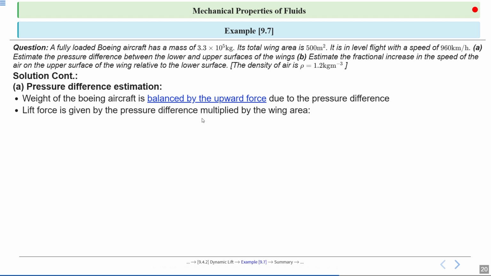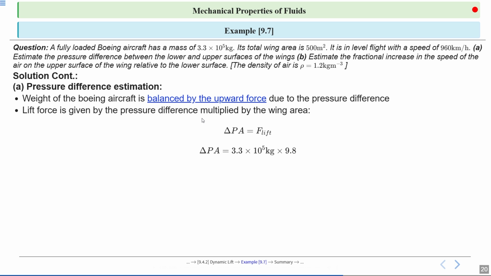The lift force, which keeps the plane aloft, is calculated by multiplying the pressure difference ΔP by the wing area A. So the lift force is equal to ΔP times A. ΔP times A equals the lift force. Alright. So substitute the values.